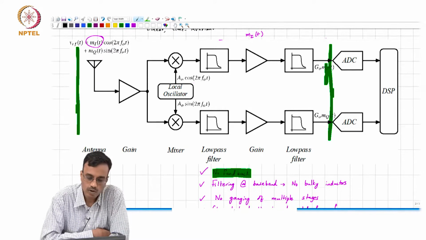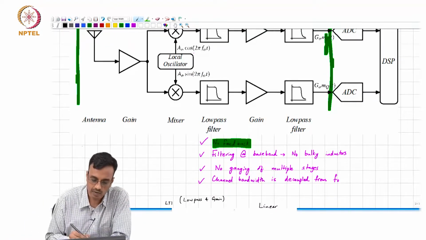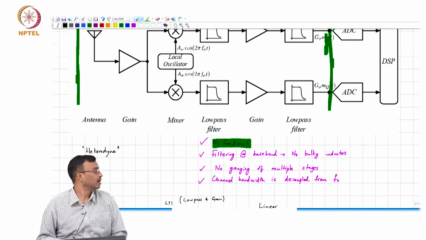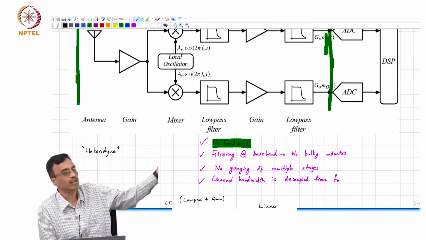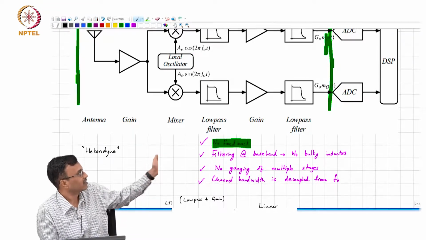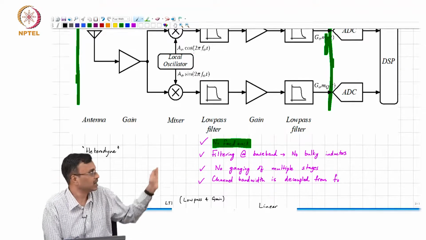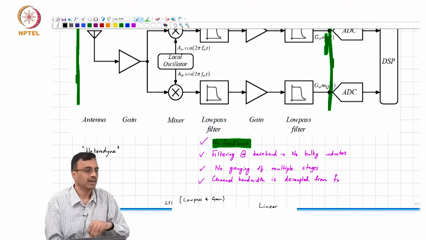This whole multiplying by the local oscillator was called heterodyning. And this is not the only way you can make a radio exploiting time variance. There is no reason, for instance, to go all the way to baseband. You can go to what is called an intermediate frequency, and from the intermediate frequency you can go to baseband.